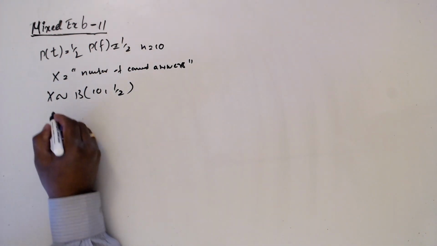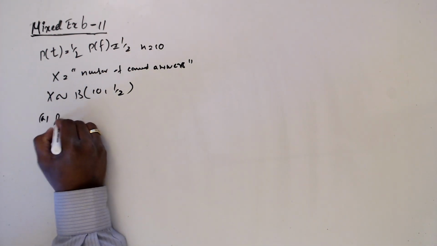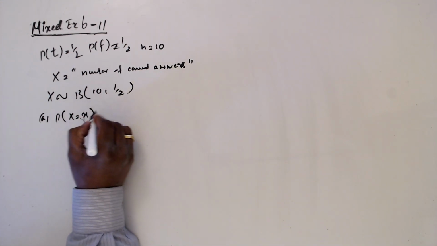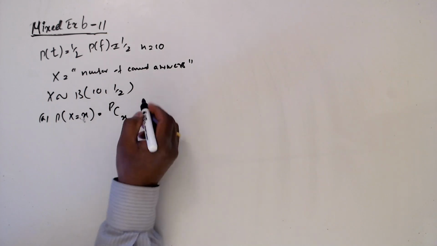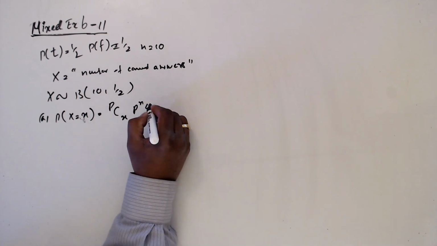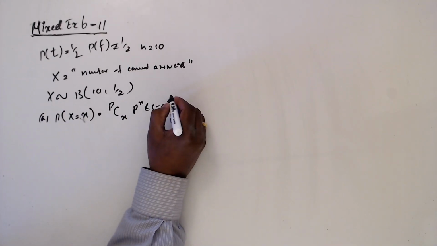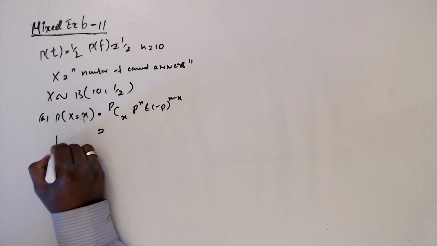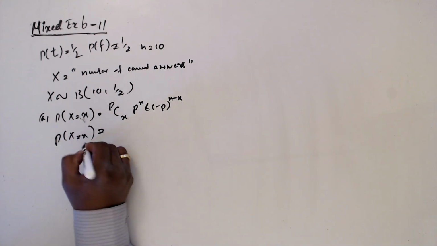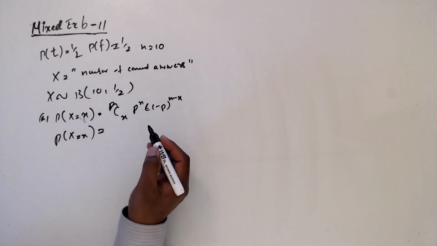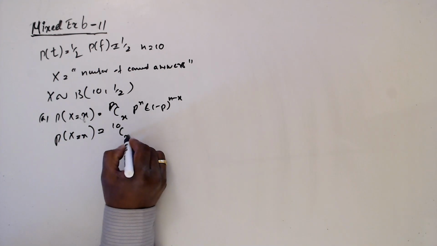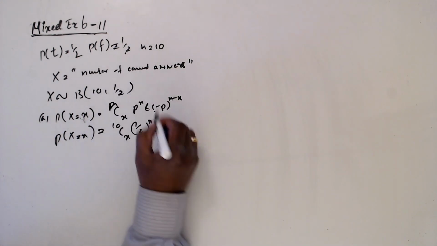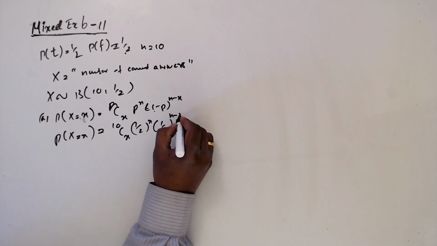So probability of x equal x is nCx p^x (1 minus p)^(n minus x). So this is 10Cx, p is half to the x, 1 minus p is also half to the n minus x.